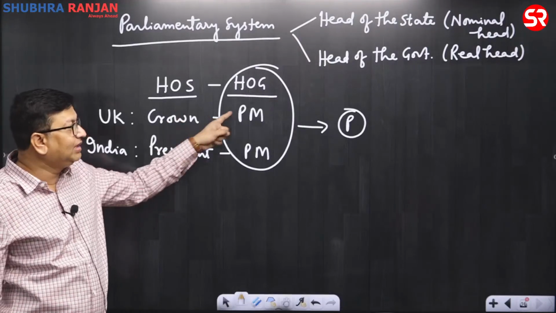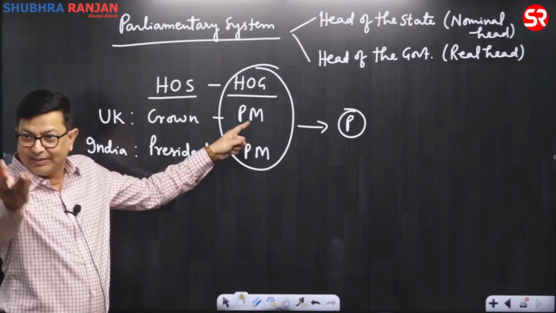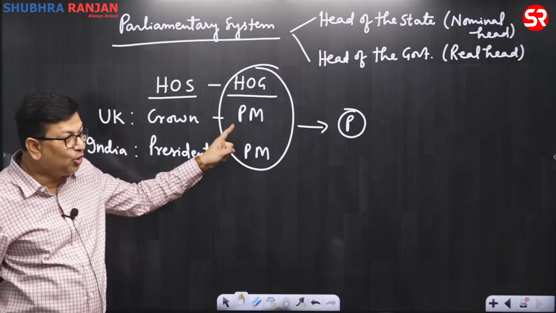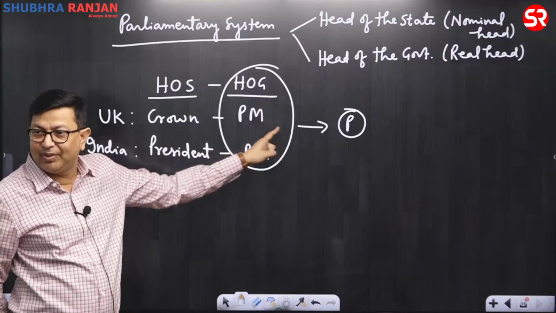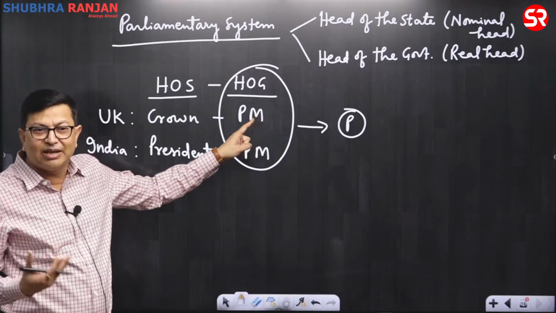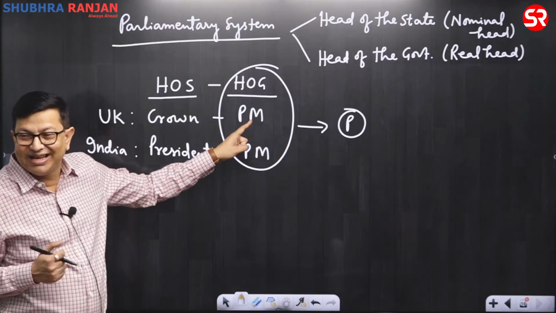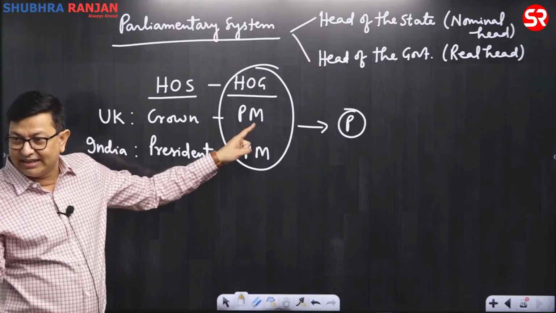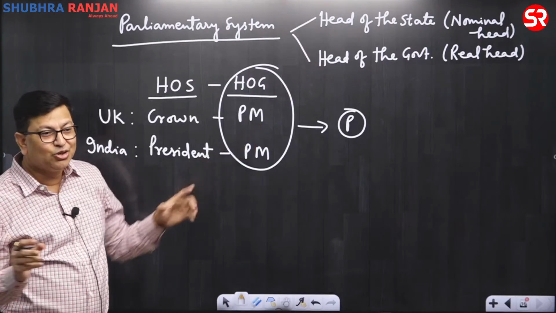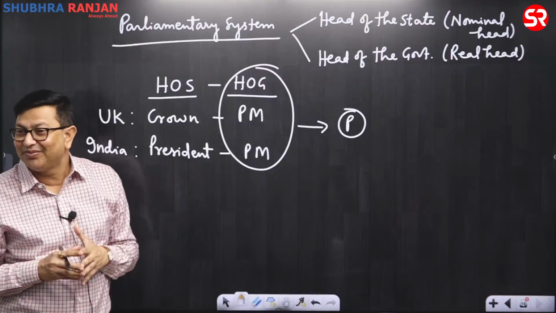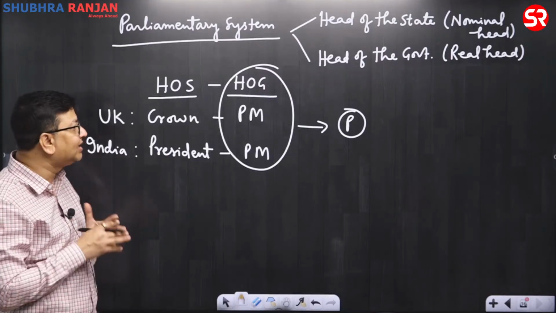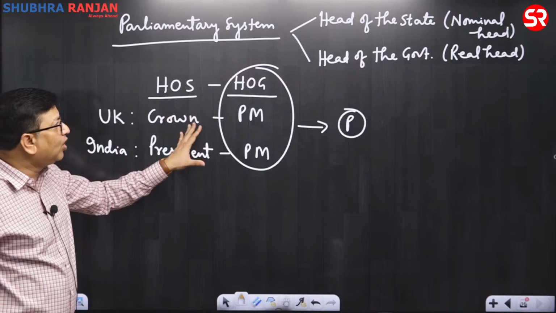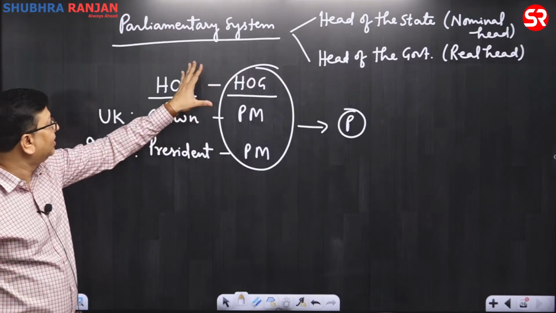The real head will be the prime minister, who will be the representative of the people. So he must be a member of the parliament. Such type of system evolved in the United Kingdom, and there the legislature is known as the parliament. So that is why the nomenclature parliamentary system. So this is the first important aspect with respect to the parliamentary system.